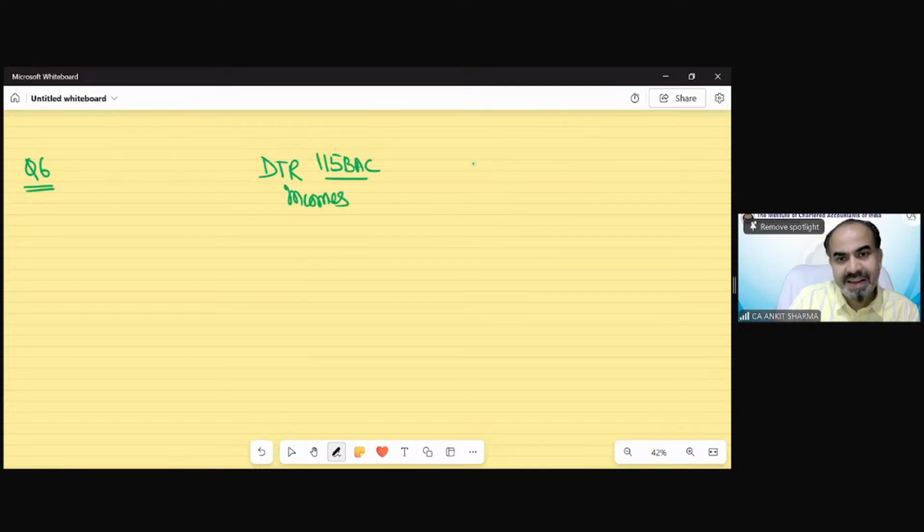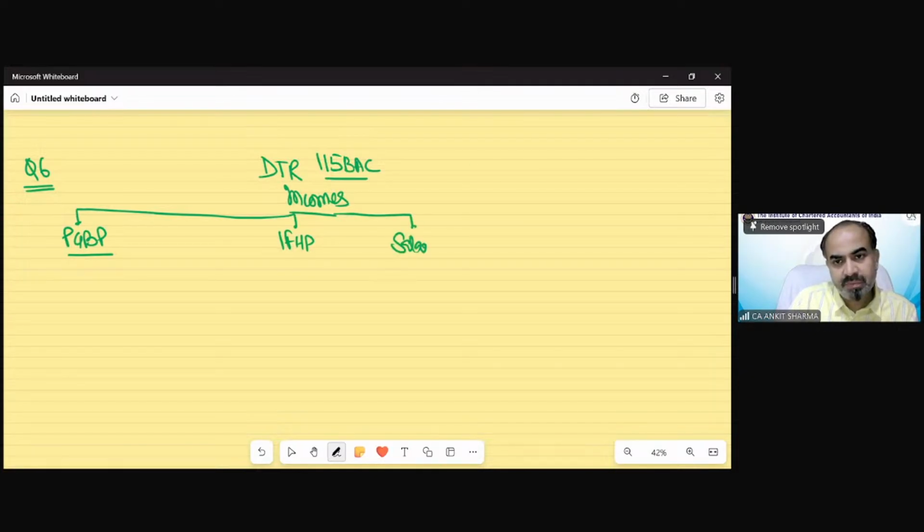So I will segregate those incomes. The PGBP, then we can write down income from house property. Then we can have our salary income. Then we could have our income from other source or capital gain.